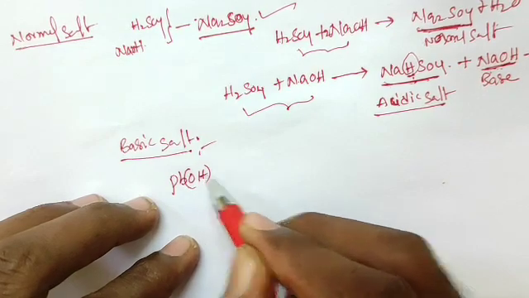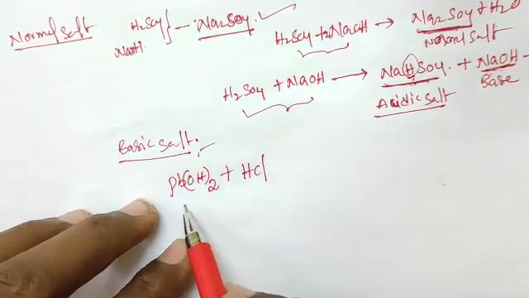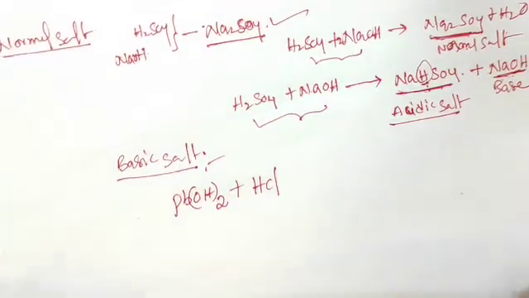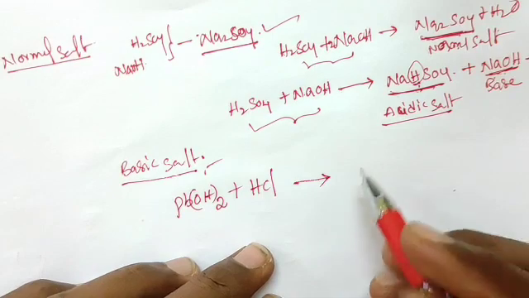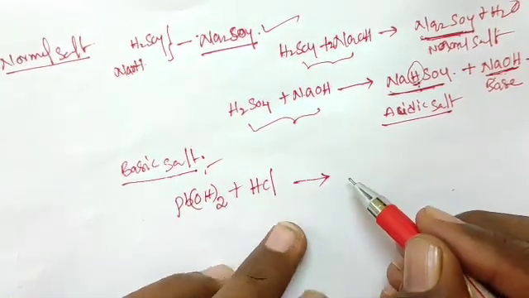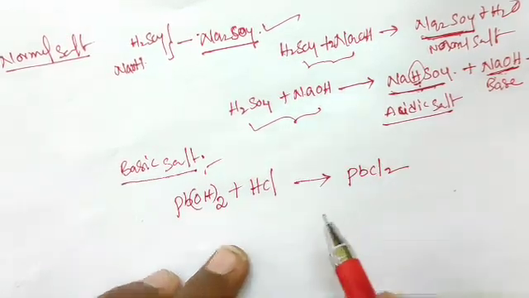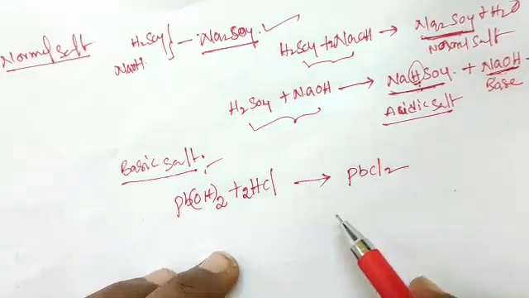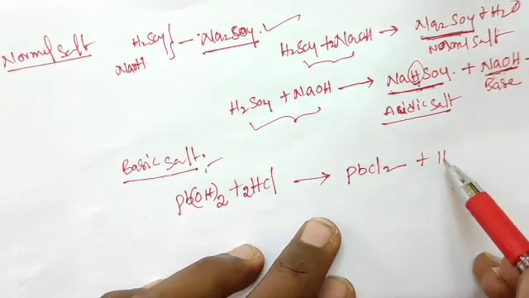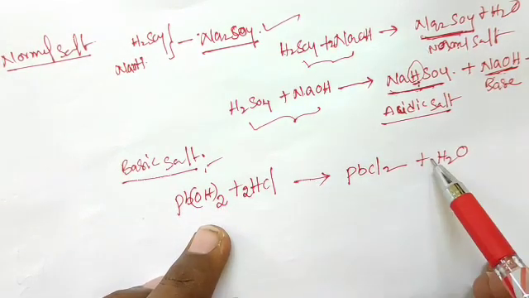Like Pb(OH)2, a base, reacting with HCl, an acid. Do we get a neutral salt? Generally we get PbCl2 plus 2 H2O.